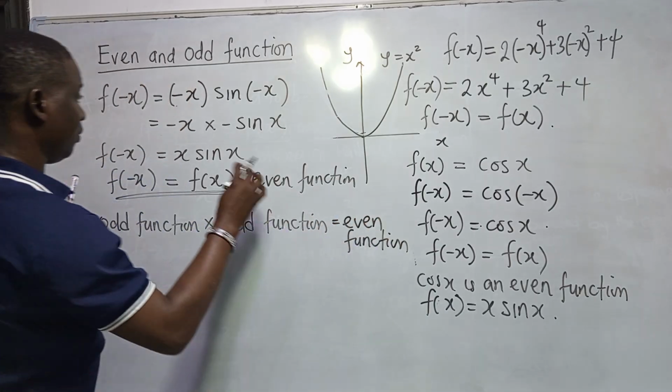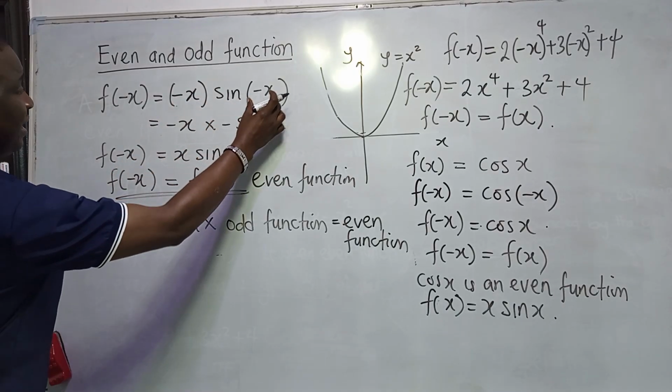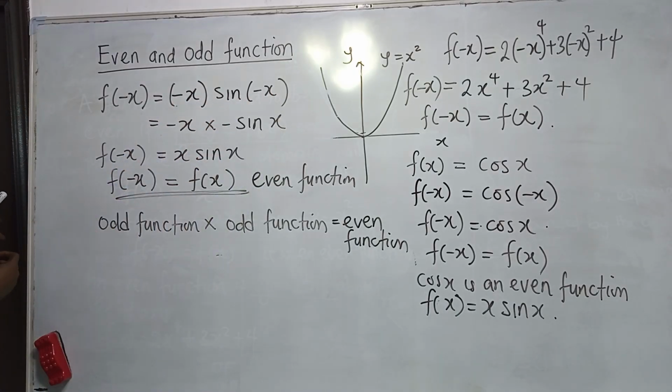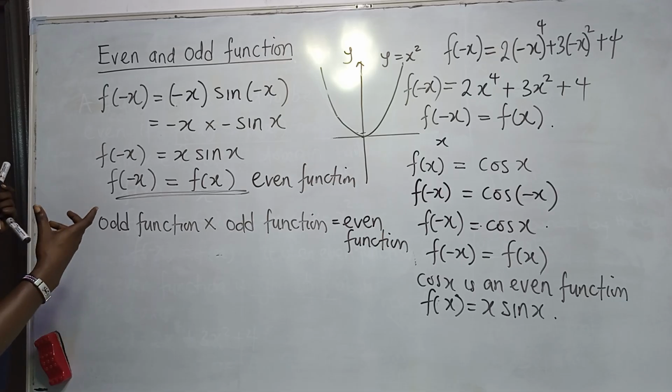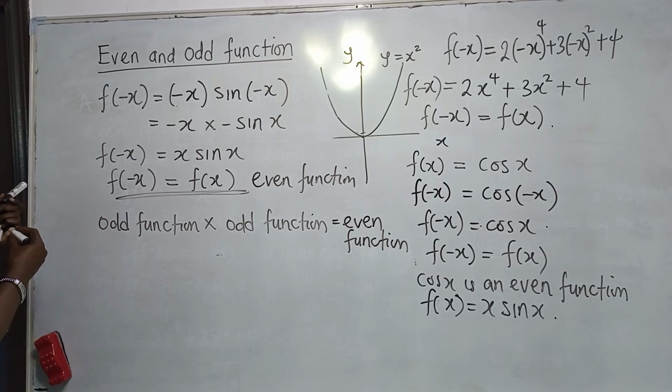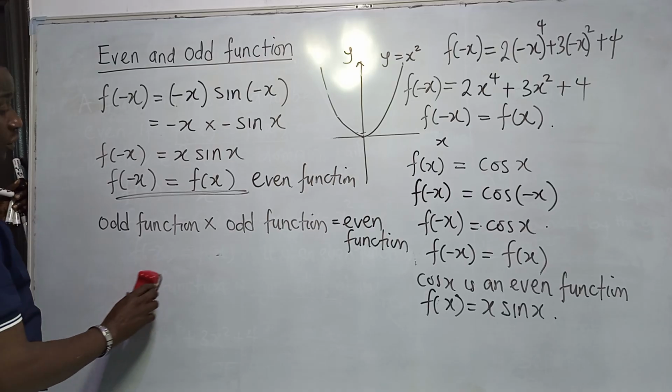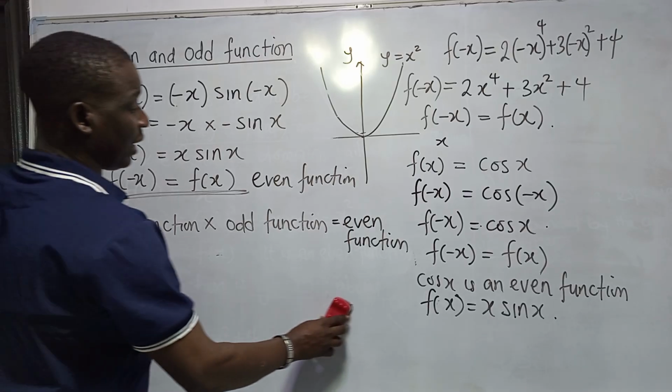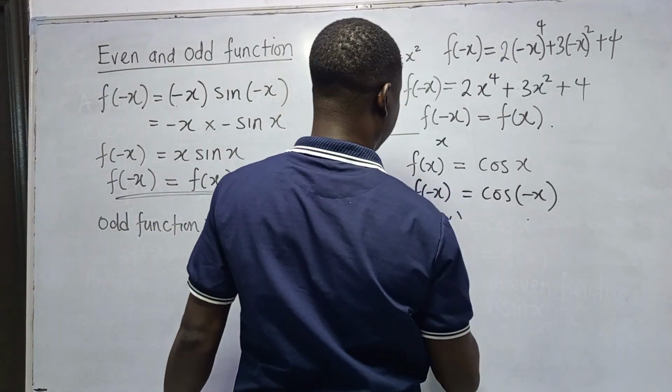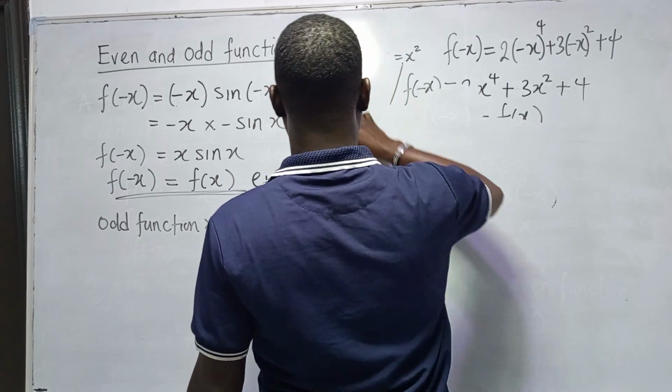That's what we notice, because these two odds end up giving us an even function. Take note of this one. Then let's look at other ones like odd function before we now conclude everything. Let's look at odd function.